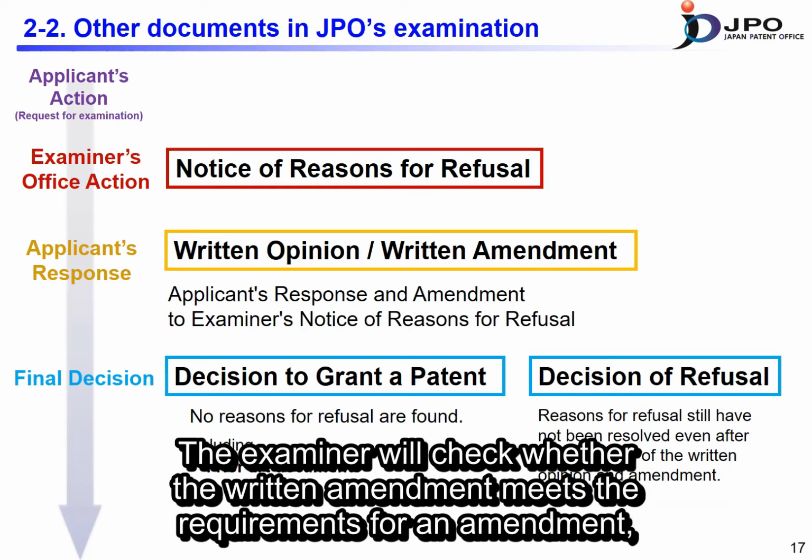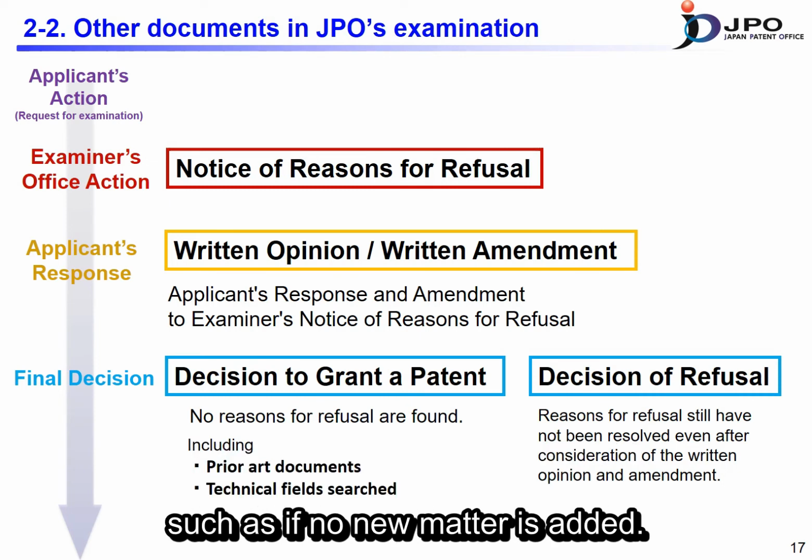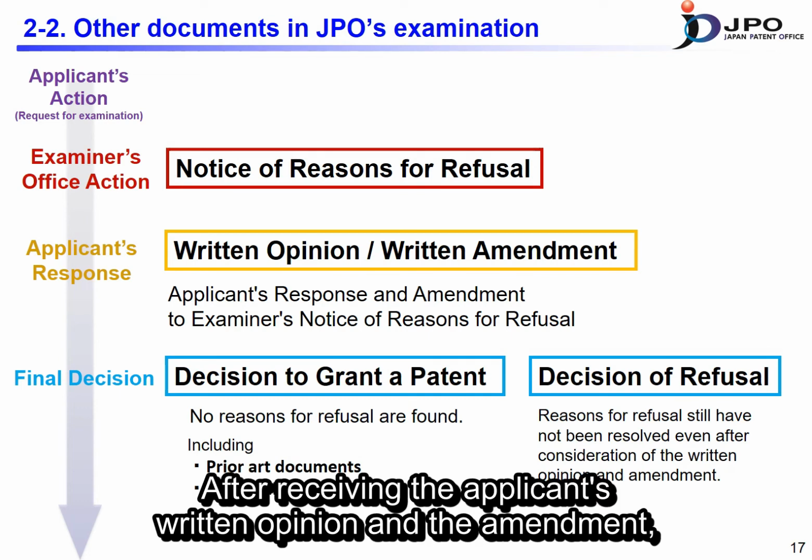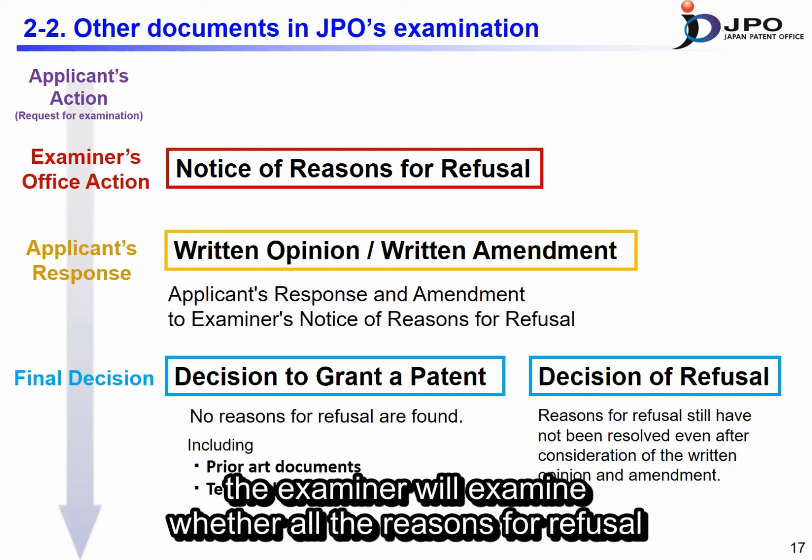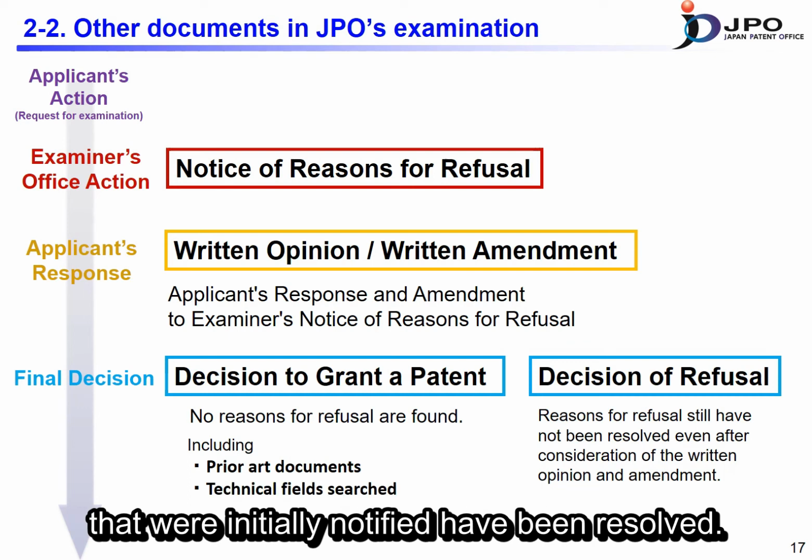The examiner will check whether the written amendment meets the requirements for an amendment, such as if no new matter is added. After receiving the applicant's written opinion and the amendment, the examiner will examine whether all the reasons for refusal that were initially notified have been resolved.